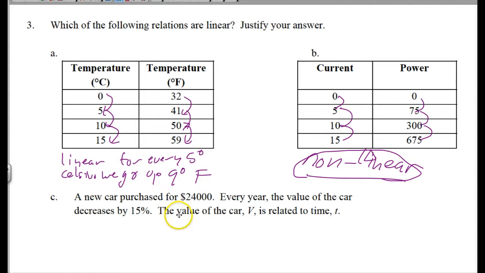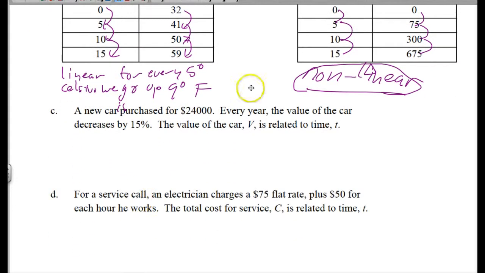A new car is purchased for $24,000. Every year the value of the car decreases by 15%. The value of the car, V, is related to time. So every year the value of the car decreases. Will 15% be a constant amount? And the answer is no, it won't. Let's get the calculator out.